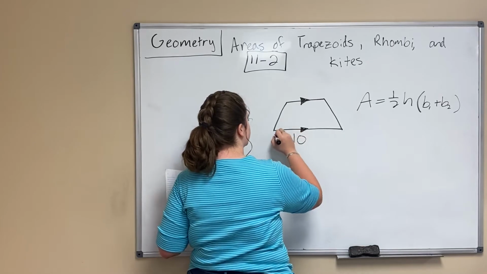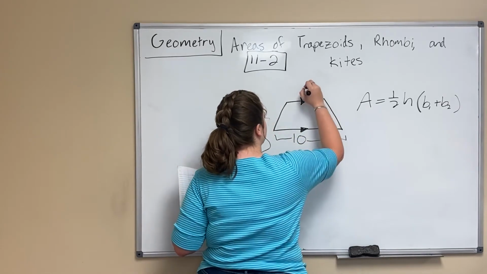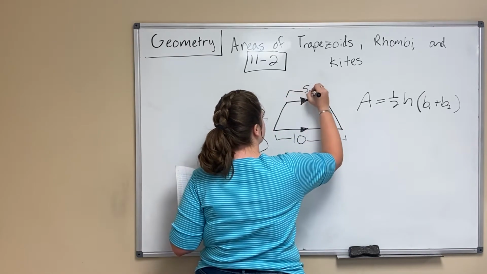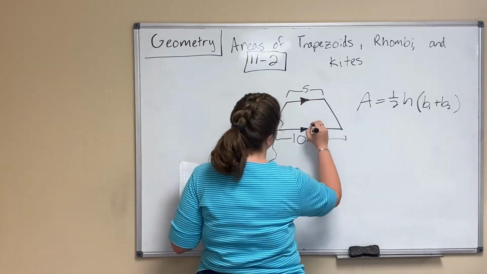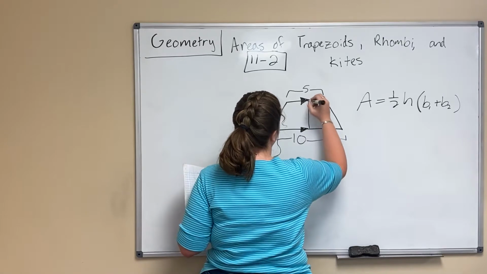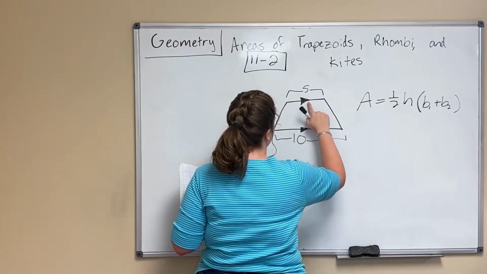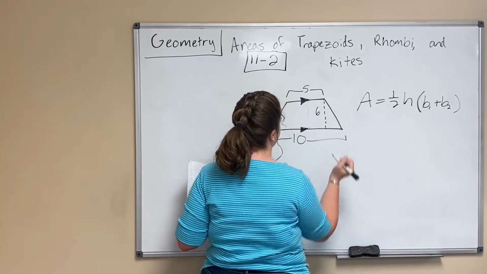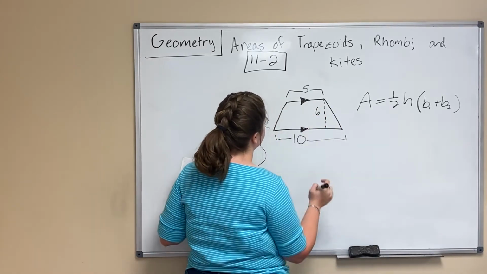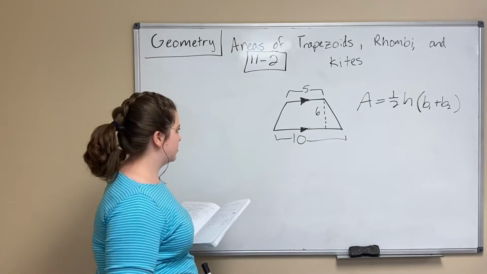This length is 10. Let's say this one is 5. And then its height, let's say its height is about 6, because it's a little bit taller than it is wide.